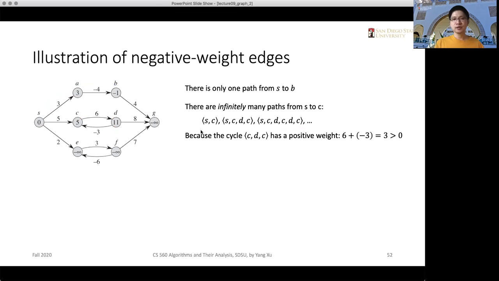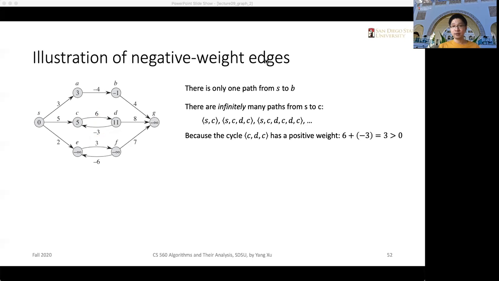But one good thing is that the cycle from C to D to C forms a cycle whose total weight, if we pay attention to the weights here, is 6 plus -3, which is 3. This is a positive total weight, which means the more cycles you go around, the higher the total weight.